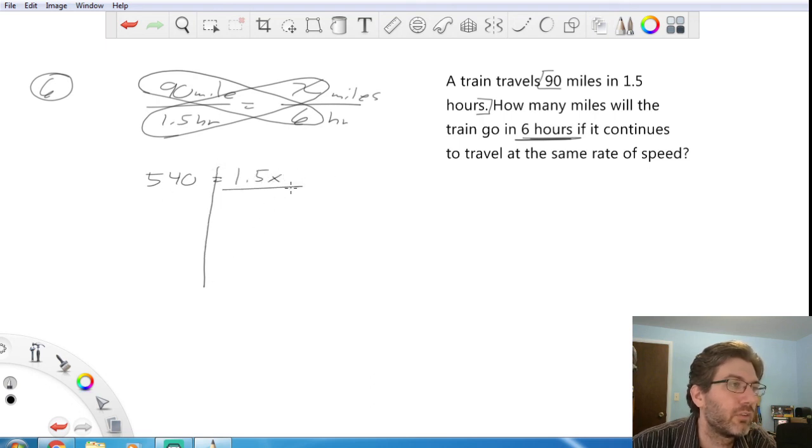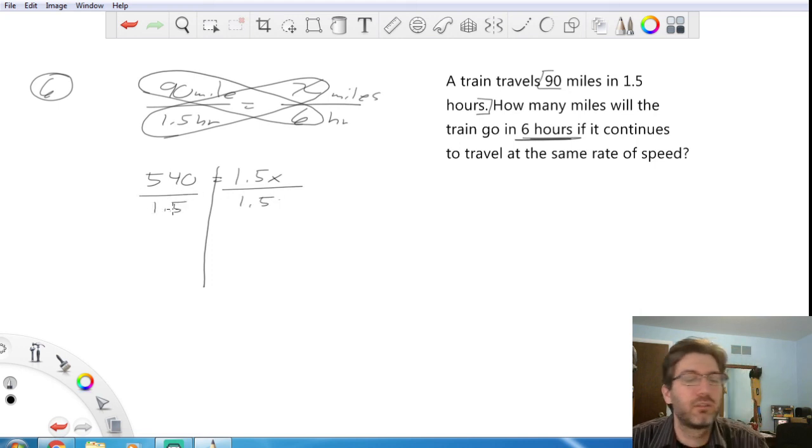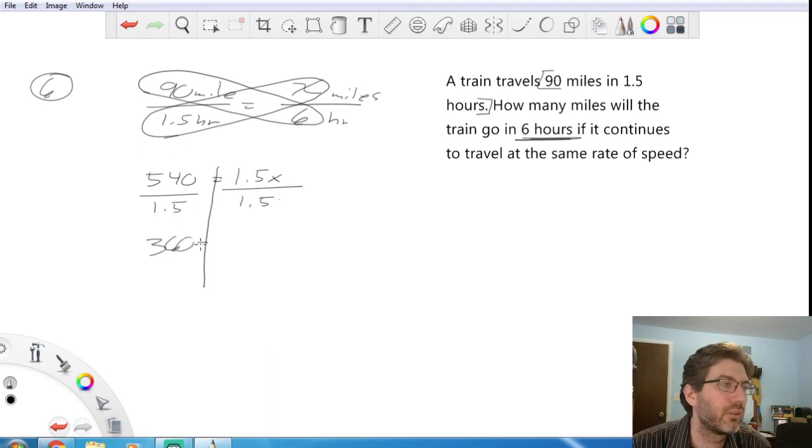Get X by itself by dividing each side by 1.5. 540 divided by 1.5 gives you 360 equals X. So your answer is 360 miles.